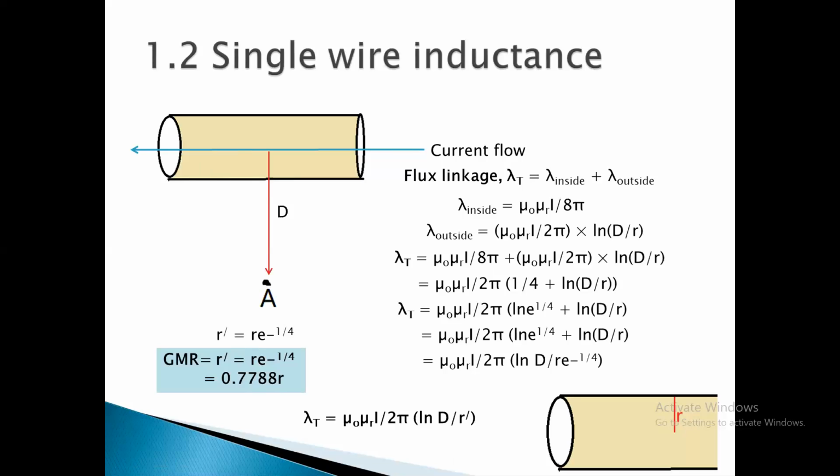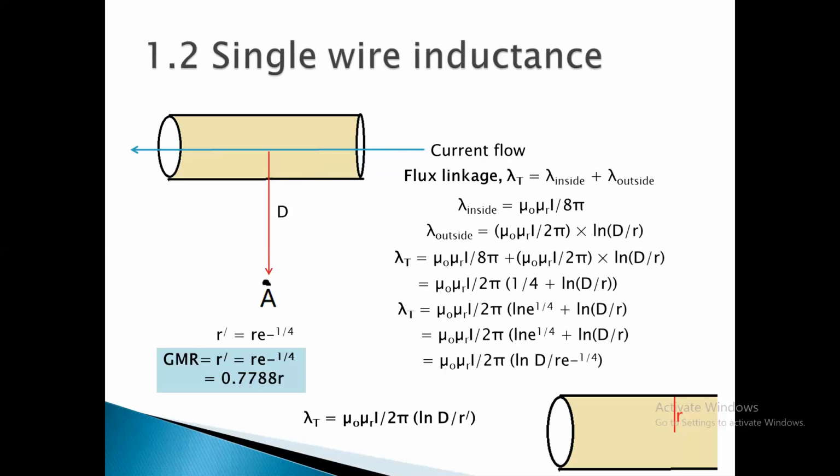No, if in a problem someone tells you to calculate the single wire inductance, you must know the value of the radius. In the problem, it is given, for example, as 10 millimeter or 20 millimeter radius.